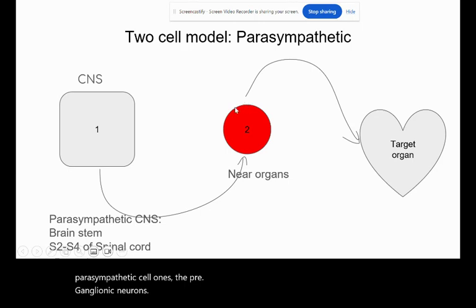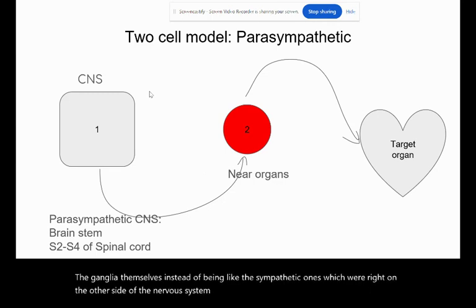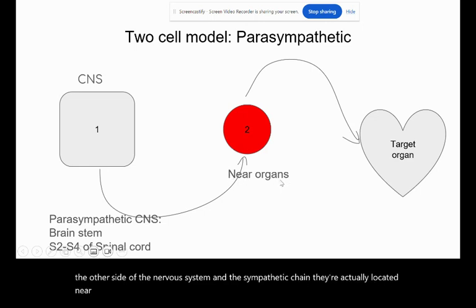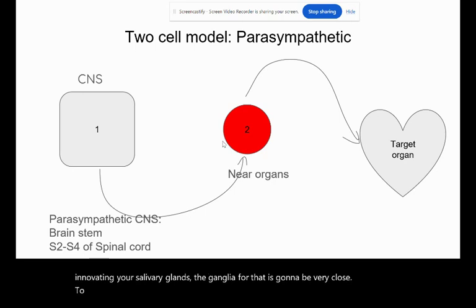The ganglia themselves, instead of being like the sympathetic ones, which were right on the other side of the nervous system in the sympathetic chain, they're actually located near the organs that they innervate. So, for example, if we're talking about innervating your salivary glands, the ganglia for that is going to be very close to the salivary gland that it innervates.